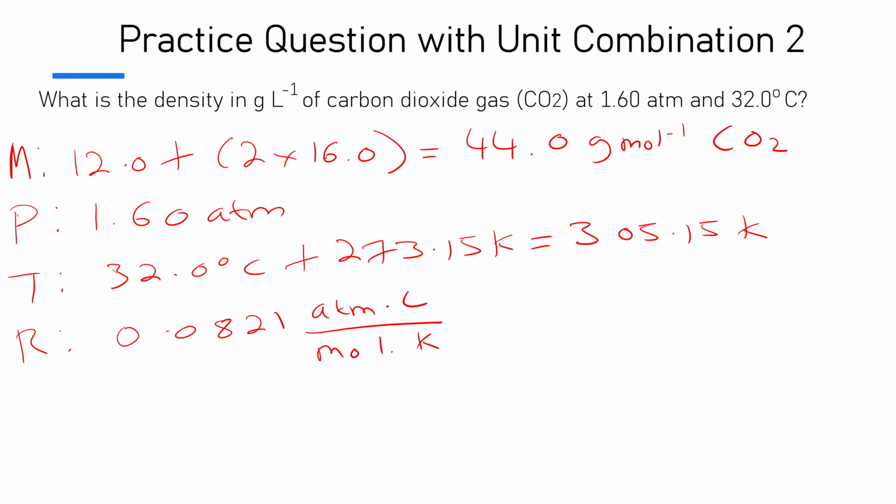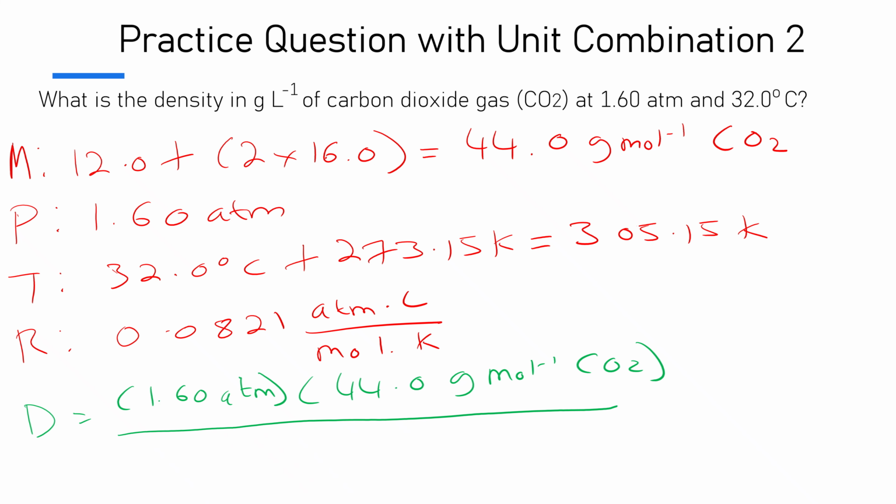Let's now calculate the density by doing 1.60 atmospheres multiplied by our molar mass for carbon dioxide of 44.0 grams per mole, to three significant figures, divided by our ideal gas constant of 0.0821 atmospheres, litres over moles per Kelvin, times the temperature of 305.15 Kelvin. Now, quick reminder, this is the unit combination we tend to use if we need to cancel out units we don't want for our final answer.